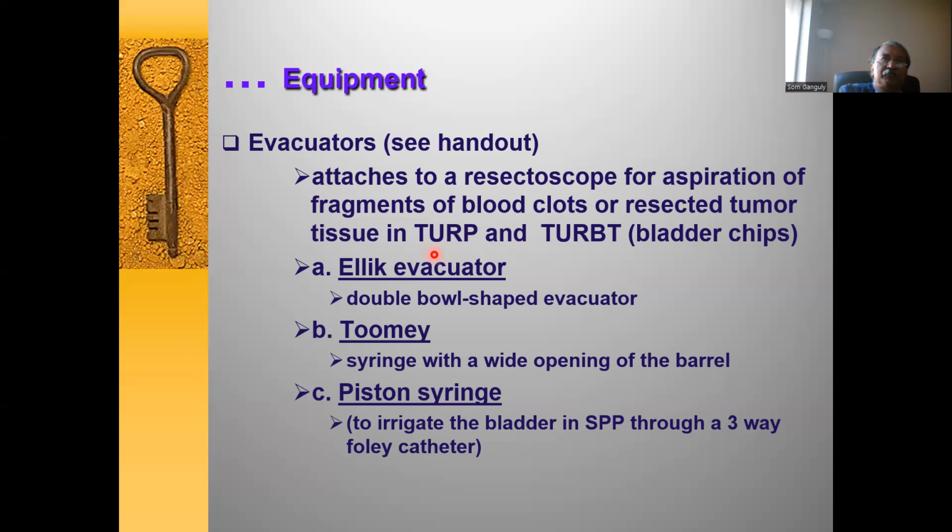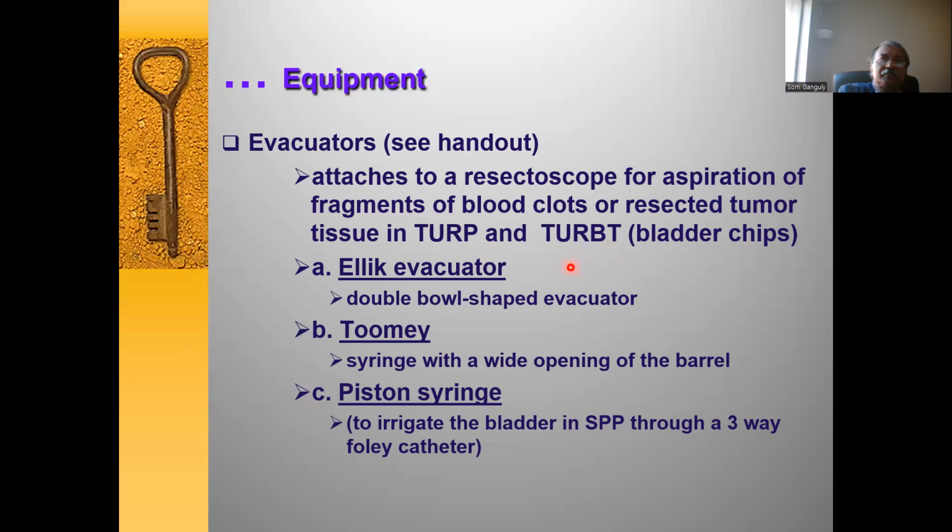So the big scope is going through the urethra all the way up to the prostate, and through the scope, they'll use cautery to resect the prostate. Similarly, if they need to remove a tumor from the bladder, they can do a transurethral resection of bladder tumor, or TURBT.